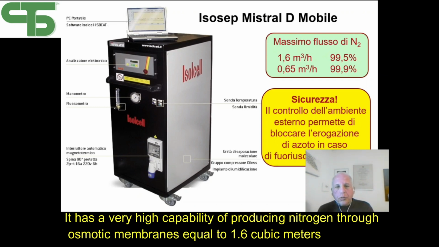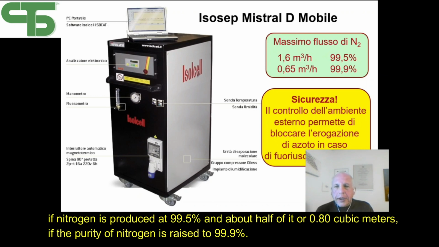It has a very high capacity of producing nitrogen through osmotic membranes, equal to 1.6 cubic meters if the nitrogen is produced at 99.5%, and about half, or 0.8 cubic meters, if the purity of nitrogen is raised to 99.9%.